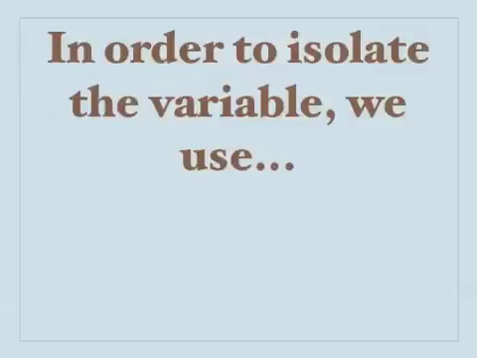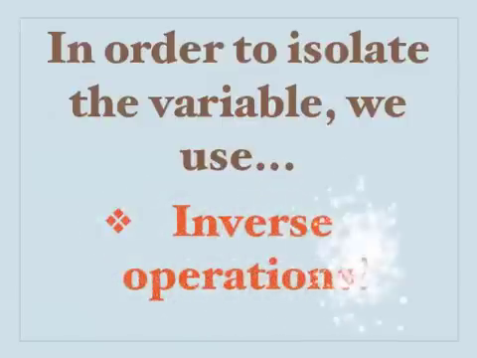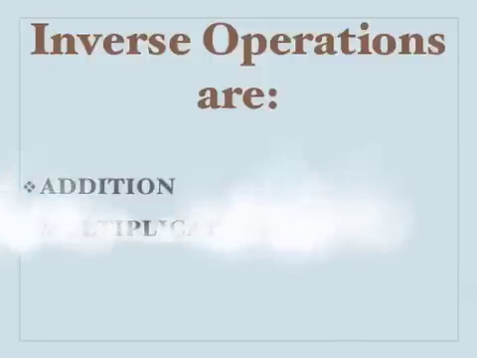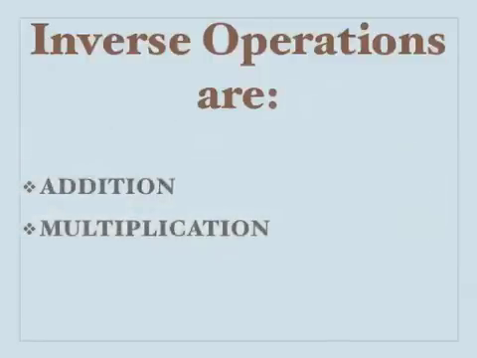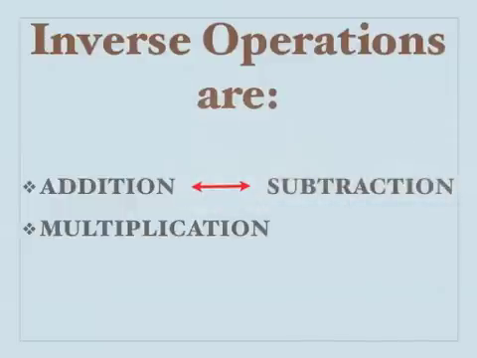In order to isolate, or get the variable on one side by itself, we use inverse operations. This all should be sounding very familiar to you right now. Remember, the inverse of addition is subtraction, and the opposite of subtraction is addition.